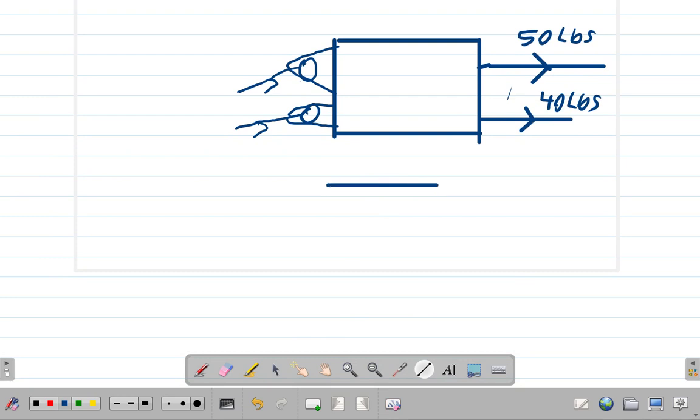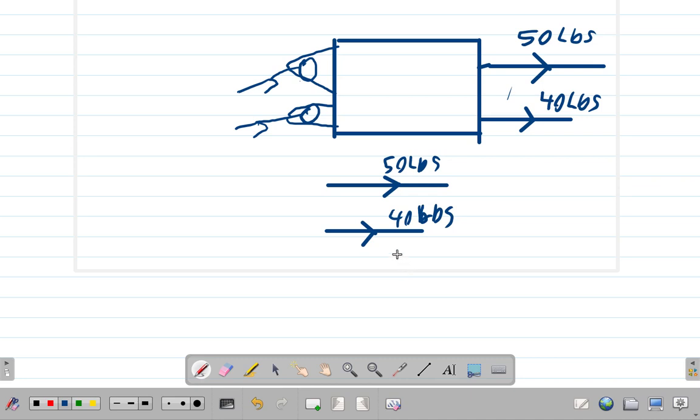You have 50 pounds plus 40 pounds. Remember, the length of the vector tells us its strength, its magnitude. 50 pounds and 40 pounds.